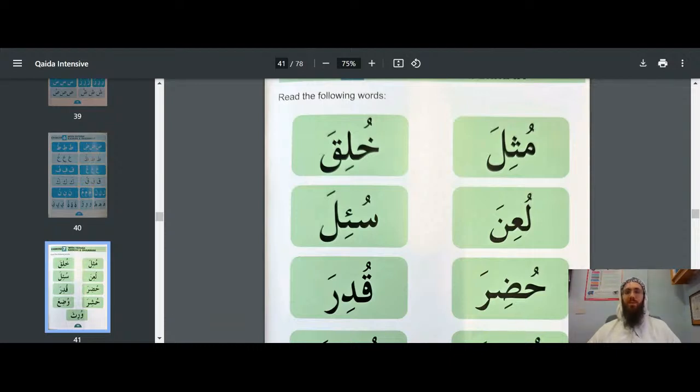So, first letter is a meem. It has the vowel of a dhamma, so it is mu. Second letter is a tha. It has the vowel of a kasra, so it is fi. The next letter is a lam, and it has the vowel of a fatha, so it is la.